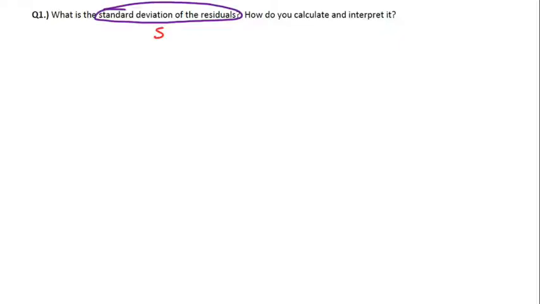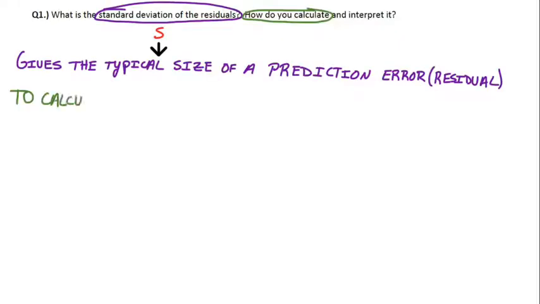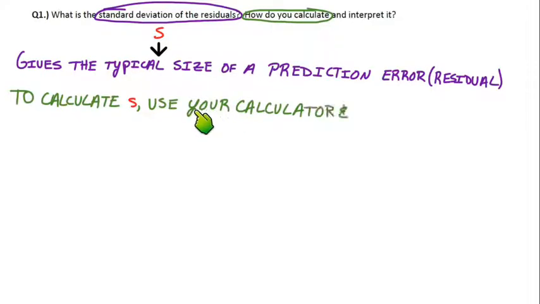Okay, so let's get back to where we were here. How do you calculate these? Well, you could do it by hand with the formula, but you can also do it in your calculator. Anytime you do linear regression, it saves this list called the resid list. So if you use your calculator to calculate S, you do linreg, and it stores this list of residuals. So we can actually take the standard deviation of that list.